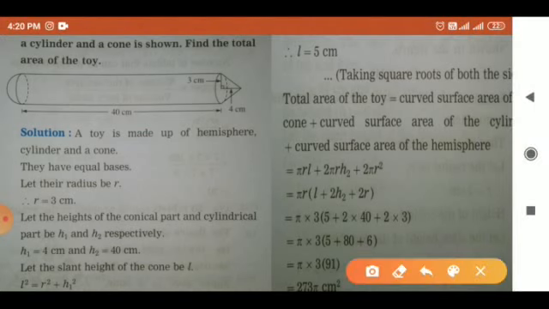And now what we will do, we will apply the formula for the total surface area of the toy. See, for the toy it is the total surface area, but actually for the hemisphere we are using only the curved part.